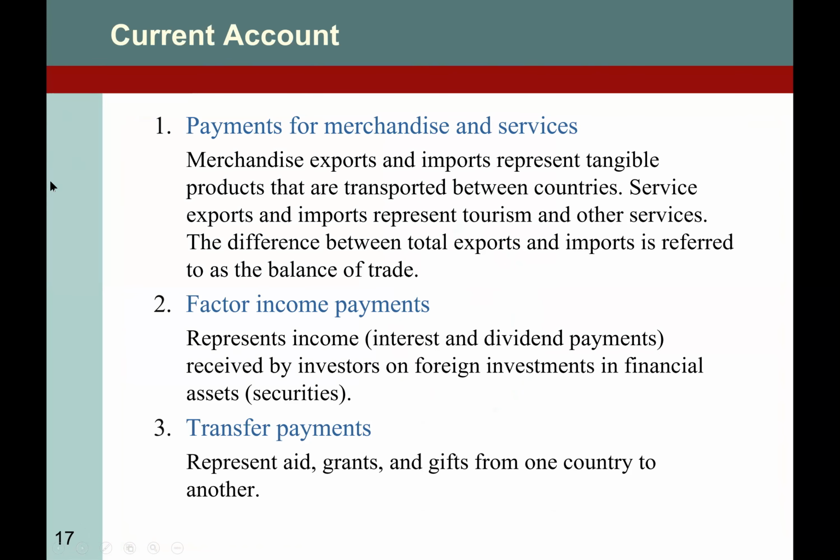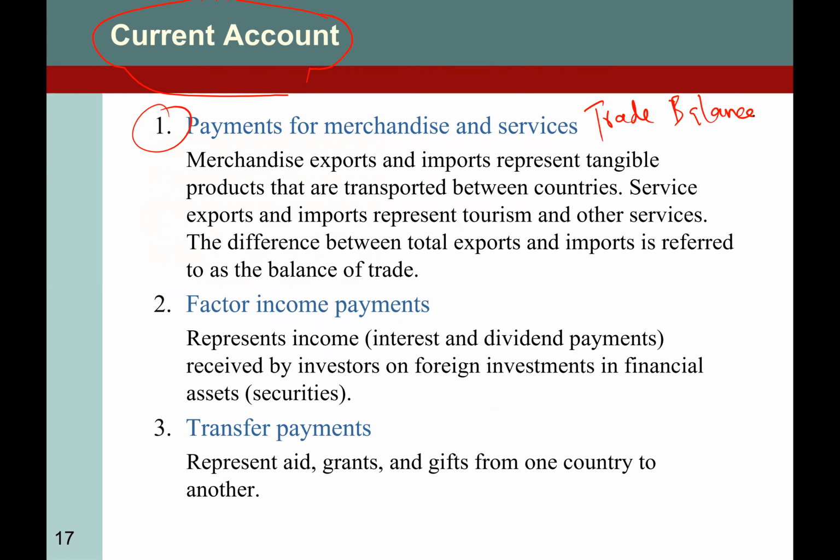Okay, so let's just talk about the components of current account. So current account, number one component is the payment for merchandise and services, which is called trade balance, which we just learned from the video.